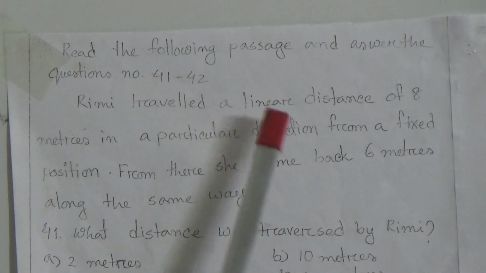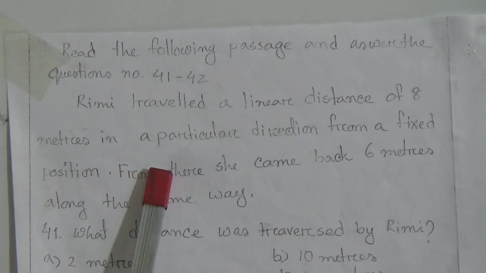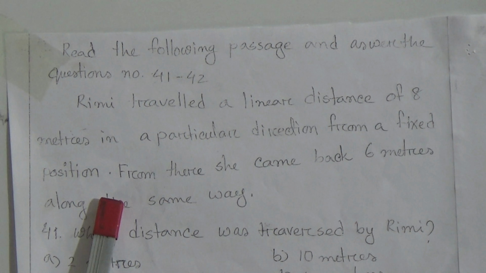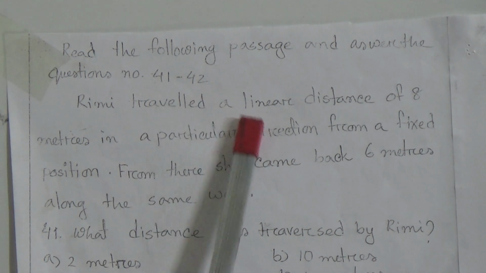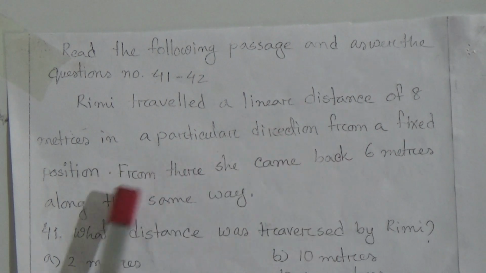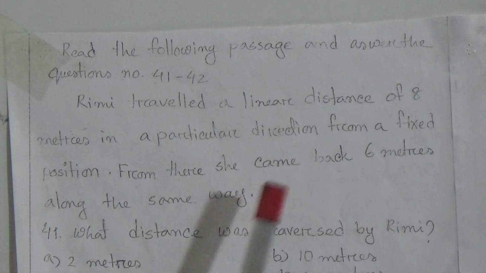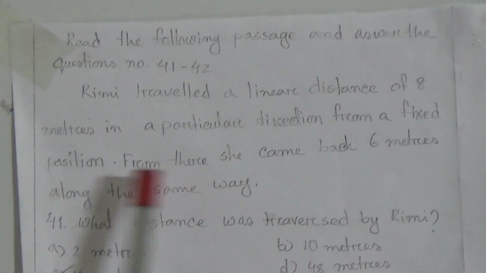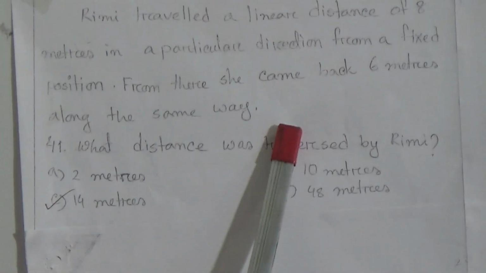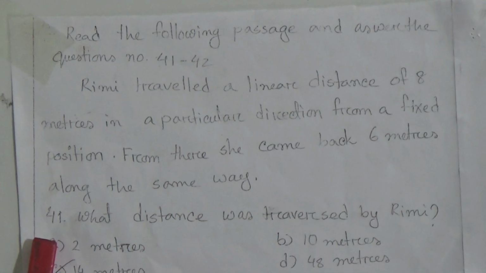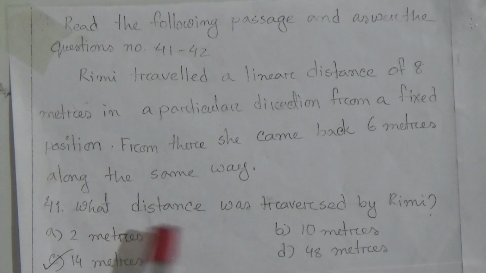At first, Remy travelled a linear distance of 8 meters. Then from there she came back 6 meters along the same way.